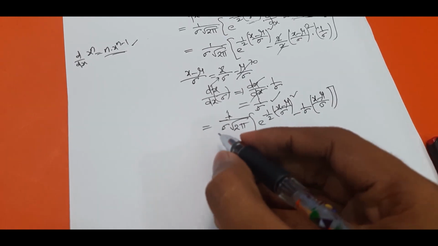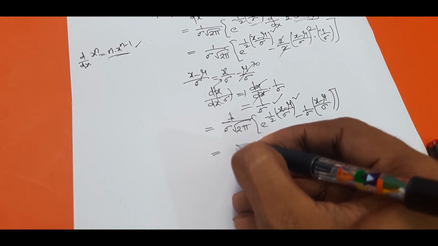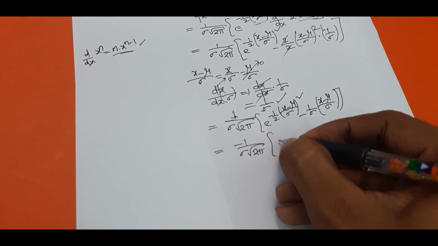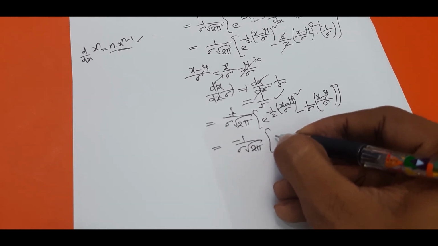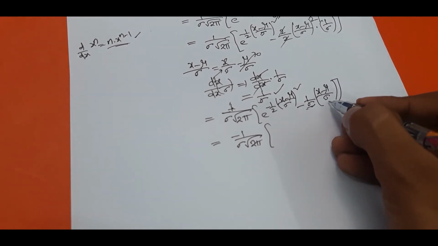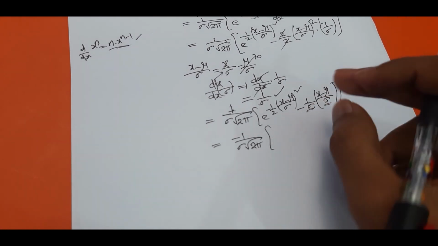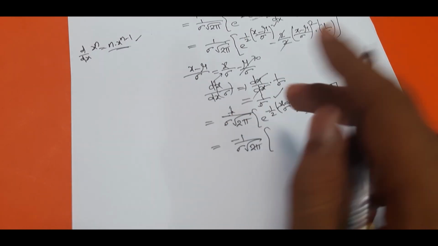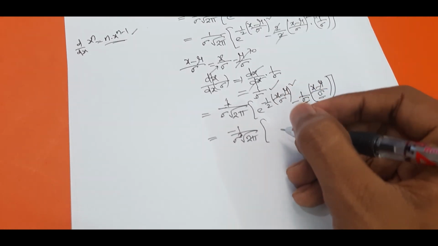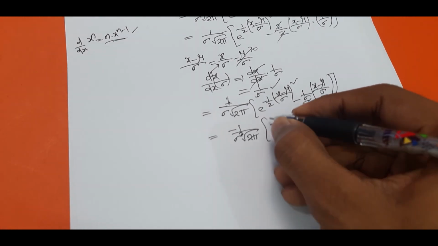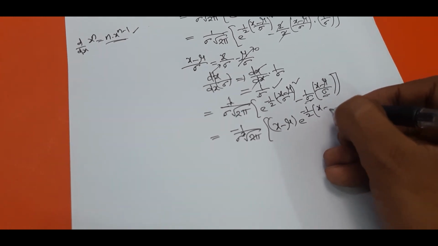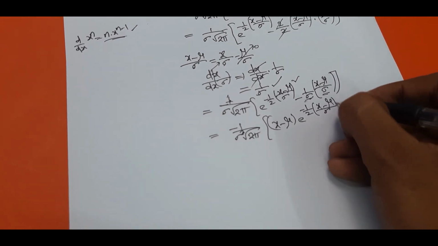Now take the minus outside. This becomes minus 1 divided by sigma into root 2 pi, and here x minus mu. Next, observe that sigma into sigma becomes sigma square, and sigma square into sigma becomes sigma cube. So f dash of x equals minus 1 divided by sigma cube into root 2 pi, into (x minus mu) into e power minus 1 divided by 2 (x minus mu divided by sigma) whole square.